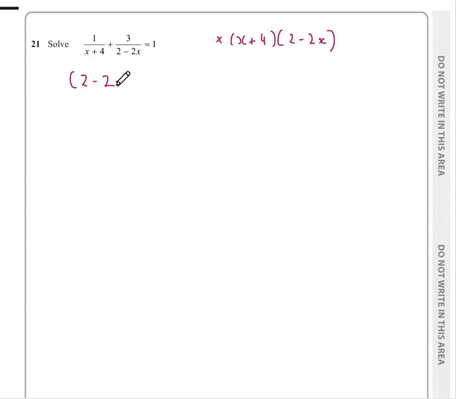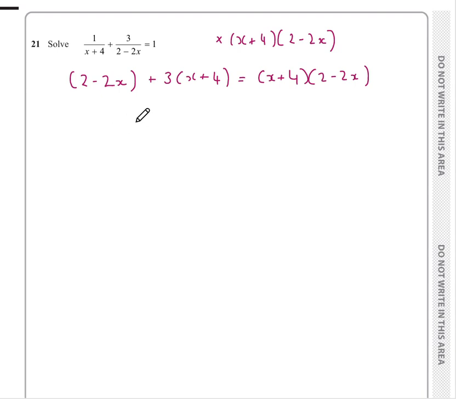I'm going to get 2 minus 2x. And for the second term, this bracket is going to cancel. I'm going to get 3 lots of x plus 4. And on the right hand side, I'm going to get x plus 4 times 2 minus 2x.